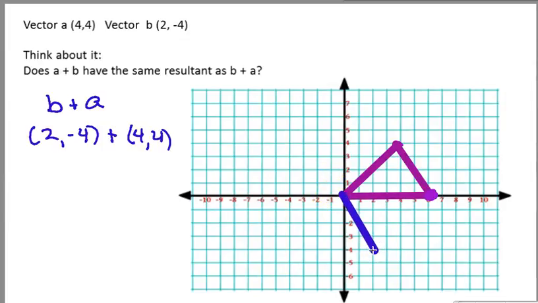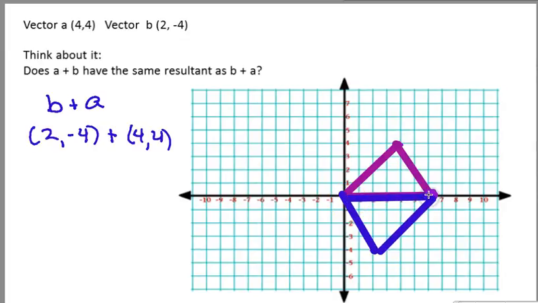There's that vector. If I add A onto it, I start at the end of vector B and add on A. 4, 4 means I go to the right 4, 1, 2, 3, 4, and up 4, 1, 2, 3, 4. And I end up right there. Look at that.